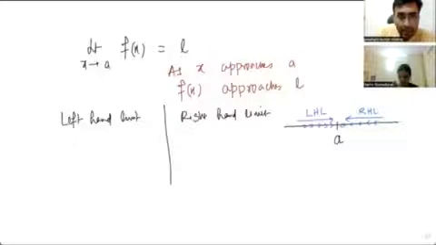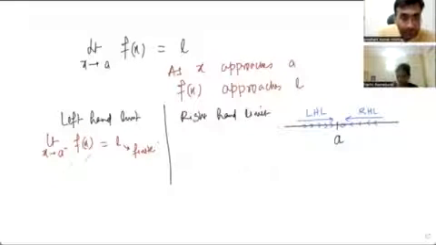See. Okay. So whenever we are talking about the left hand limit, it is written as limit x tends to a minus. A minus shows that we are approaching the point A from the left hand side. A minus, f(x), and let the value be L. L will be some finite value. And what does it mean?